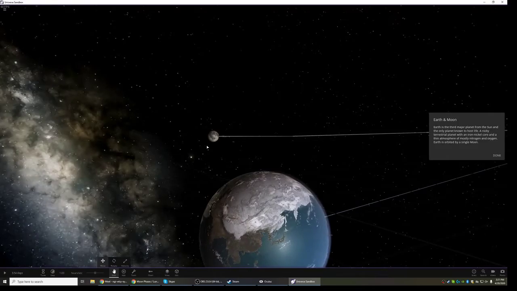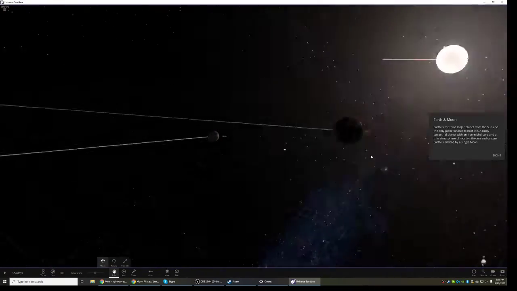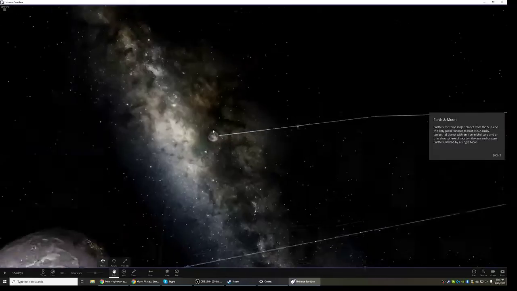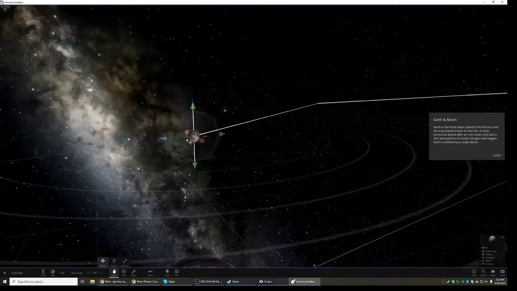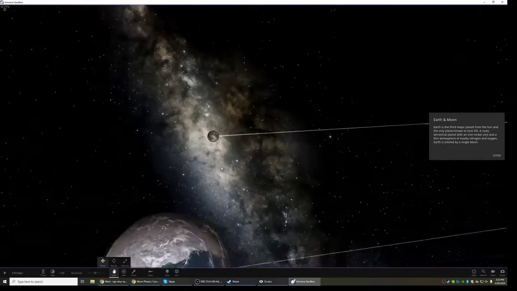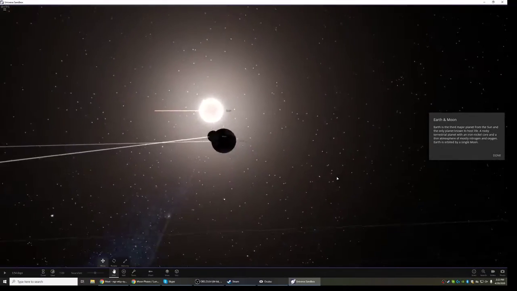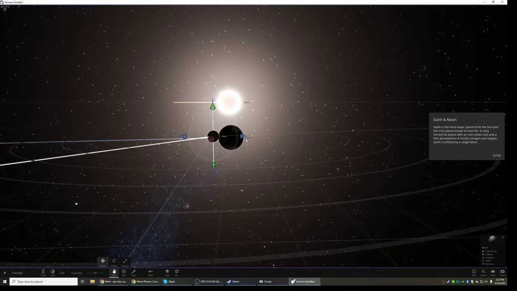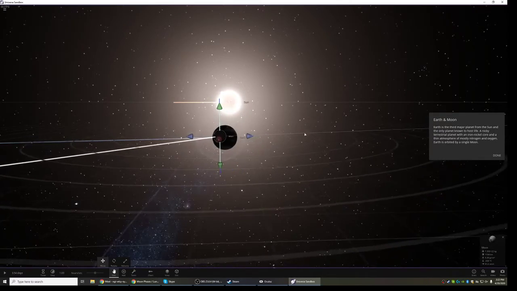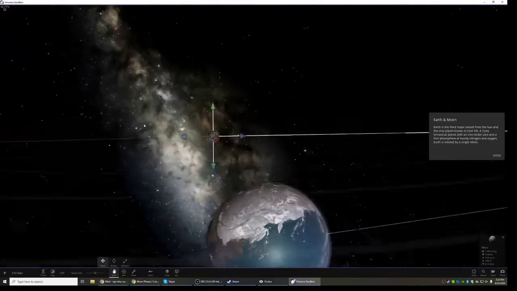And then when you're at this phase, the sun should be pretty close to being on the opposite side of the moon. So when you've got the moon on the opposite side of the Earth like this, it's a full moon.